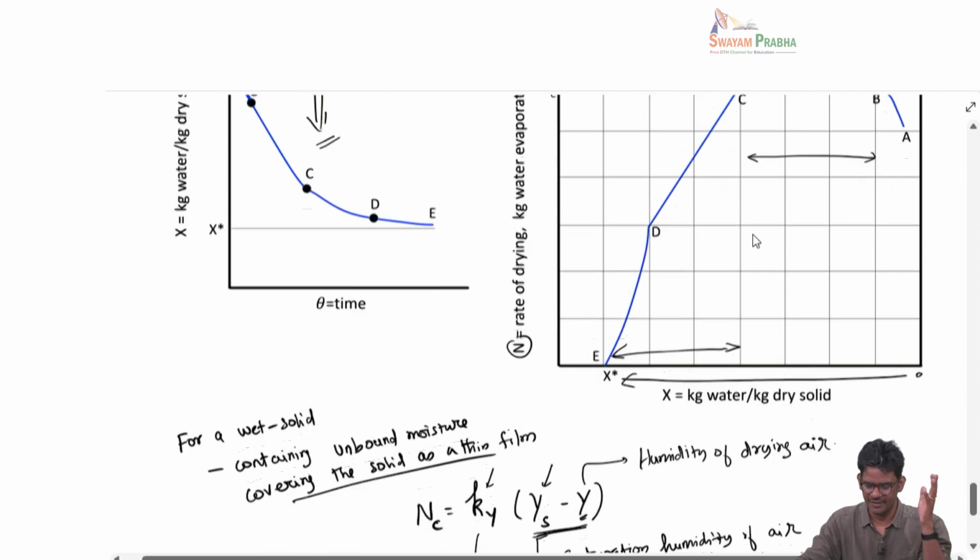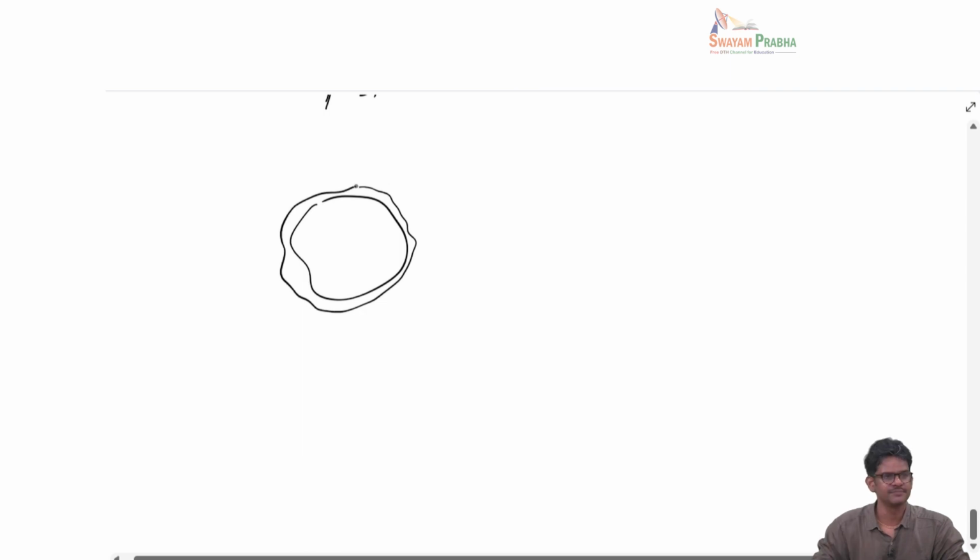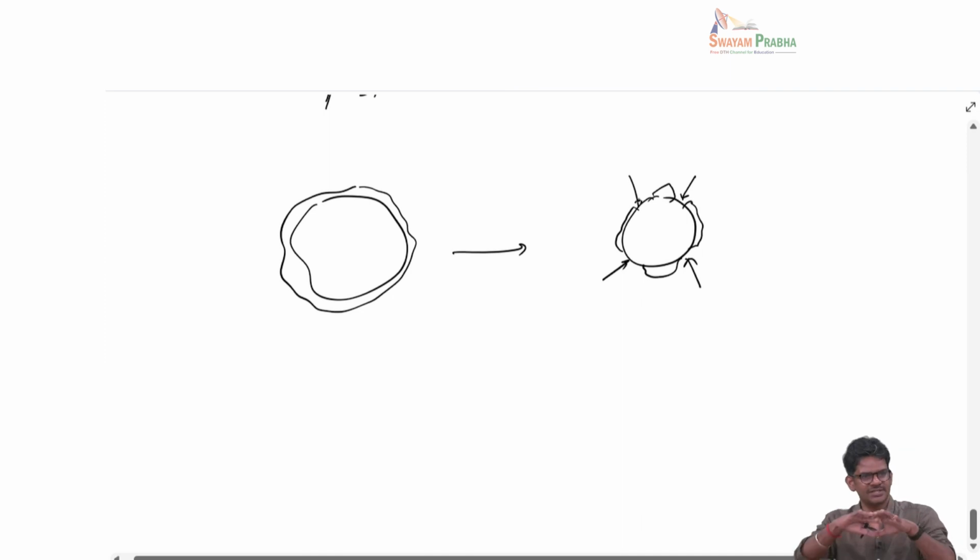If I have to draw pictorially, let us say you start with some sort of solid containing a thin film of moisture, okay, and this dries, and then at some point of time what will happen is you will see some sort of hole formation, dry spots are formed. So, this is a dry spot here, these are all dry spots, because at some point of time water is leaving, so it will expose the dry surface.